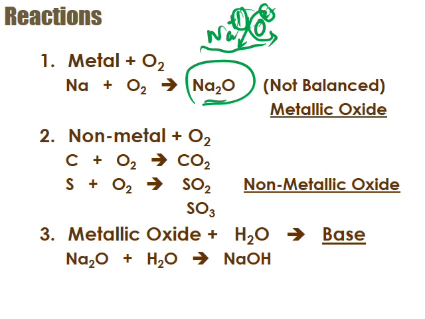Non-metals like carbon and sulfur can give you carbon dioxide, sulfur dioxide, usually more than one such compound, such as sulfur trioxide. These are non-metallic oxides, and sodium oxide and calcium oxide are metallic oxides. A metallic oxide in water gives a base. Think about sodium oxide with water giving sodium hydroxide. That's the base.